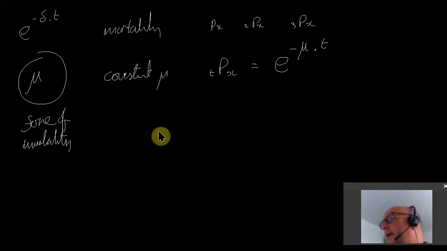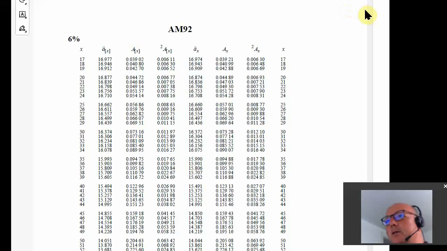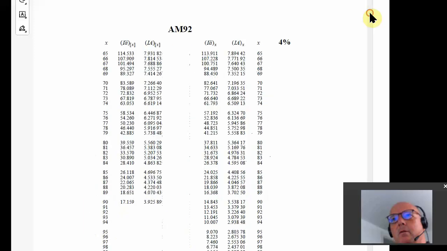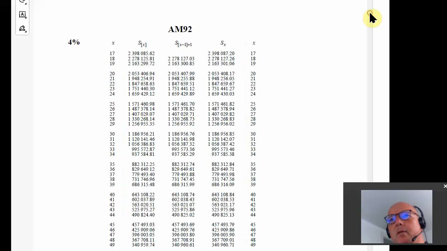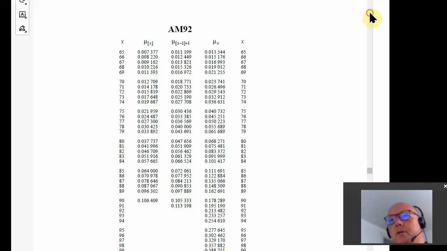We typically see the tables, the mu's will be tabulated for each year. Just find the mu's, all sorts of nonsense you don't need to worry about. So here we go, so that's the select mu, and this is the standard mu.